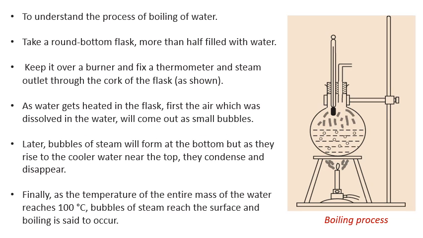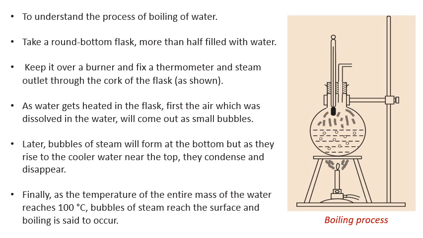To understand the process of boiling of water, take a round bottom flask, more than half filled with water. Keep it over a burner and fix a thermometer and steam outlet through the cork of the flask, as shown in the adjacent diagram.